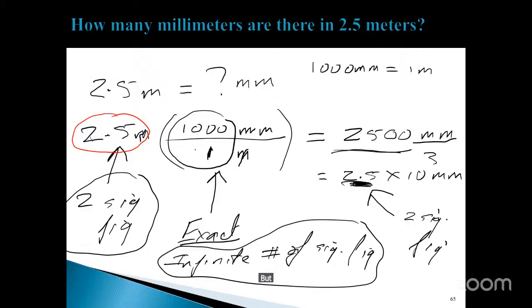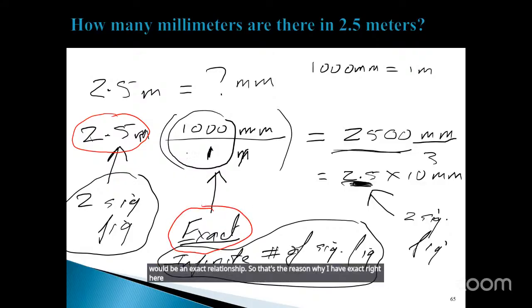But this relationship here, the meter unit conversion to 1,000 millimeters, right? That would be an exact relationship. So that's the reason why I have exact right here, right? So that means the 1 and 1,000 will have an infinite number of significant digits, right? So what does that mean in terms of your final answer?